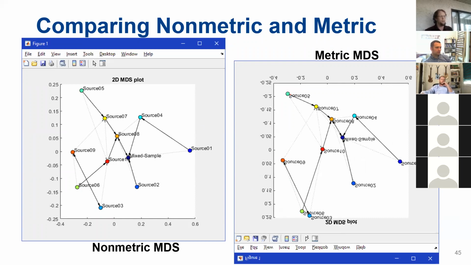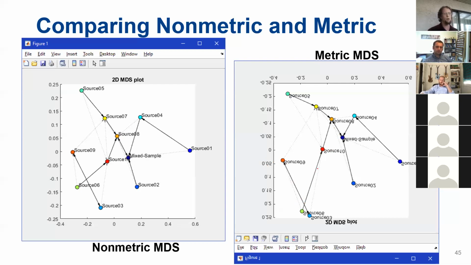So source 5 up here, more or less on its own. Source 1 out here, more or less on its own. 6 and 3, although the distance between them is slightly different between these two plots, they both plot down in the bottom left, and they are most closely connected to source 10 and source 9.